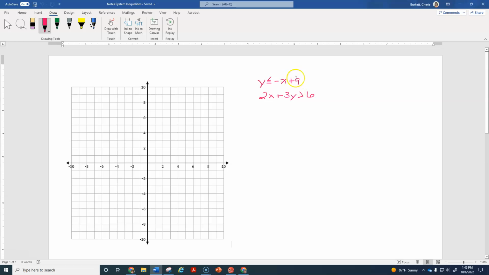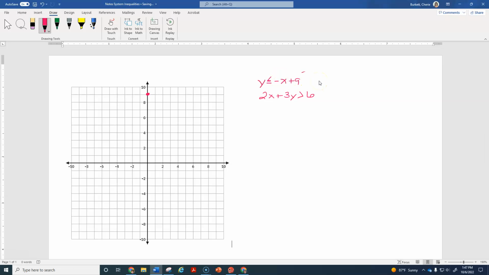This number right here is +9, so I'm going to go to the Y-axis right there and put a dot at 9. So there's my dot. Now I'm going to look at the number that is in front of the X, and I'm going to recognize that number is the slope.